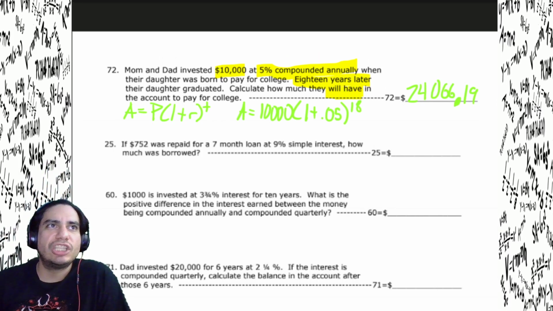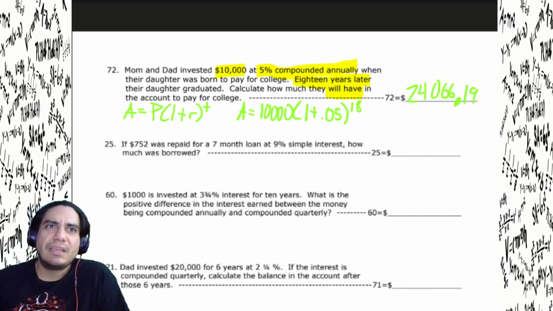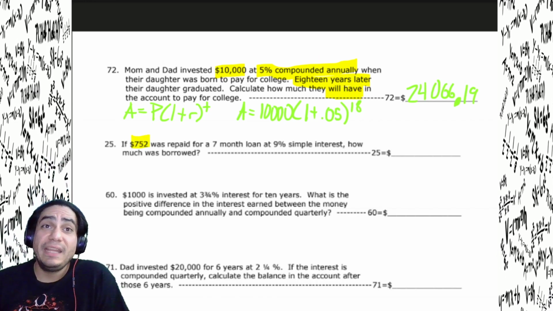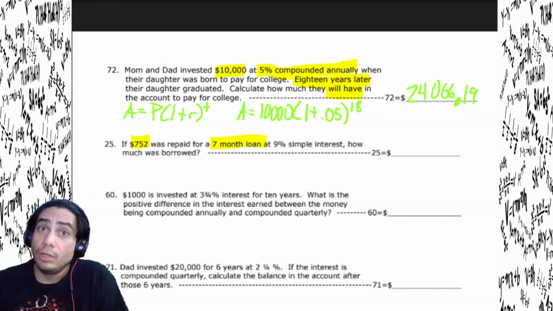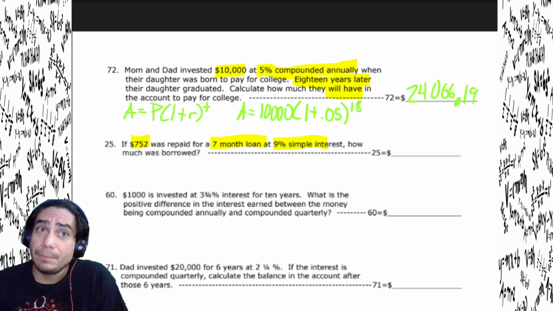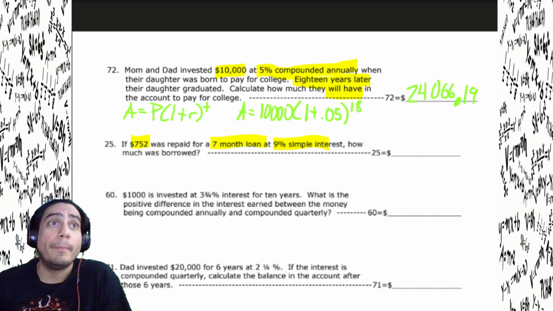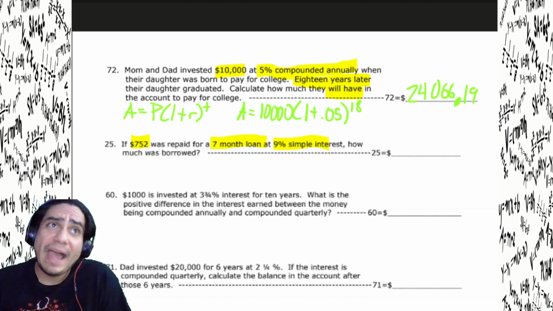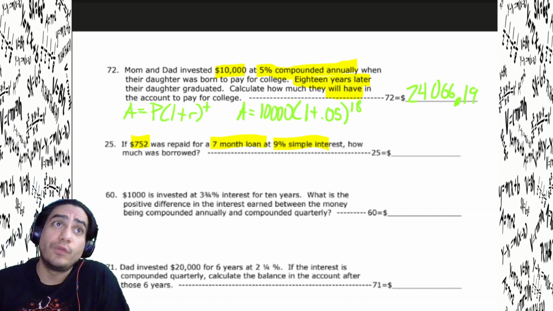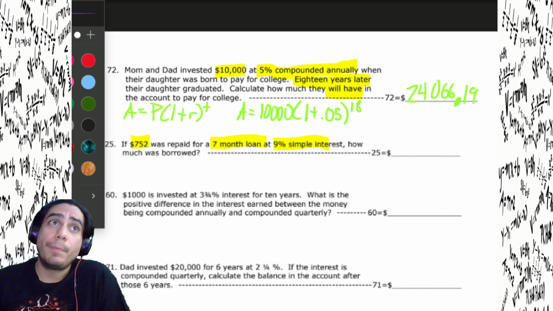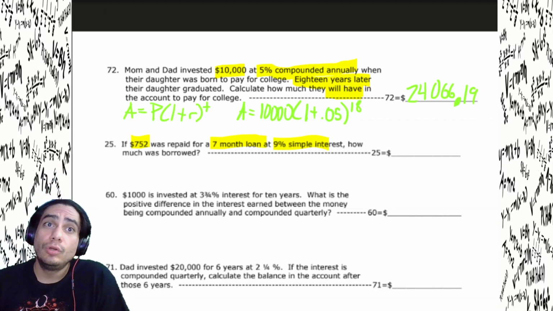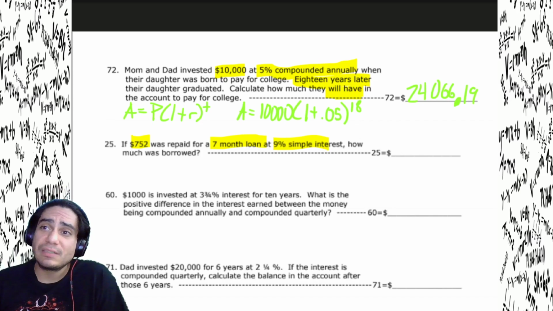All right, so let's take a look at this next problem right here. We got $752, and we're repaid in a 7-month loan at 9% simple interest, okay? They already told us our total accrued amount. Now, of course, I would need to use this formula. So we're borrowing $752, so that's everything.